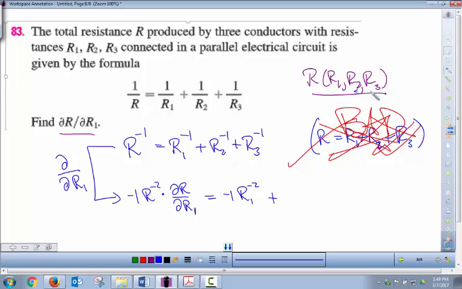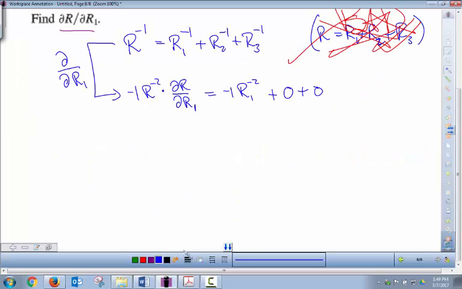So these are the independent variables, right? r1 is like the x, r2 is like the y. So the derivative of y to the negative 1 with respect to x is what? It's a constant. So it's 0. And the other one's 0 as well. So really you just have to solve for this. This is what you're looking for.